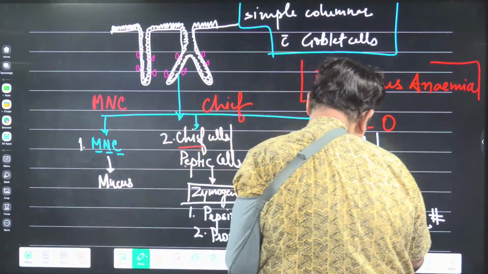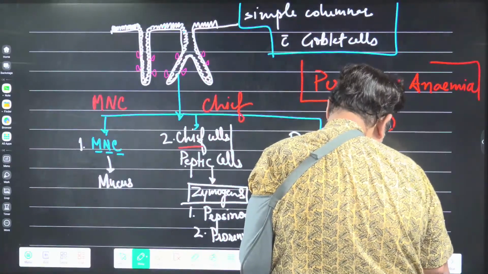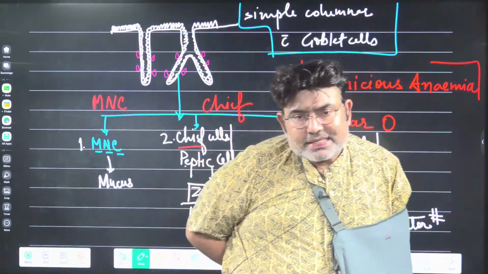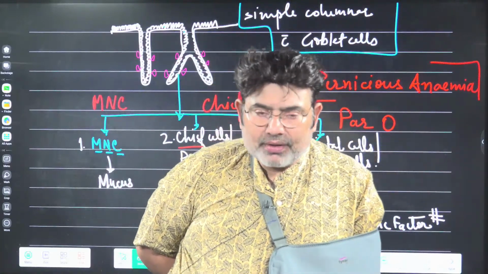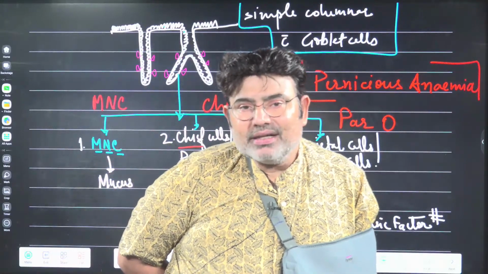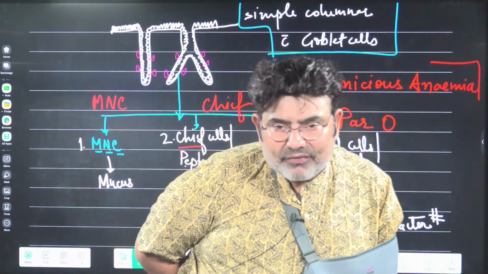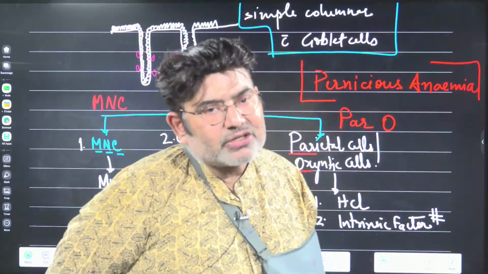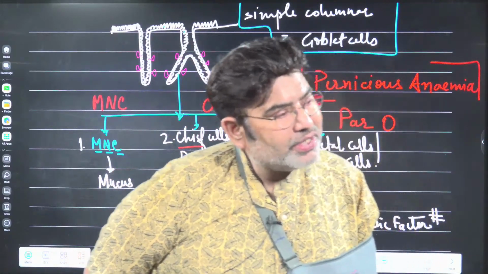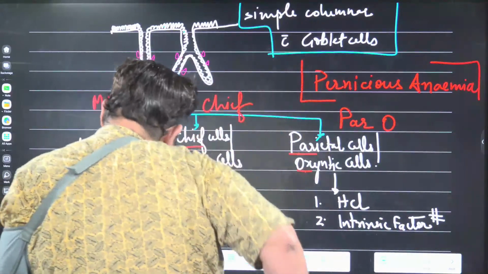In 2018, a question came: which of the following cells in the stomach is indirectly related to erythropoiesis? Answer is PARO, parietal cells. Okay, I think this is clear to you.